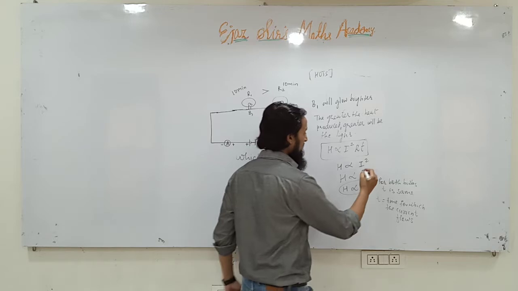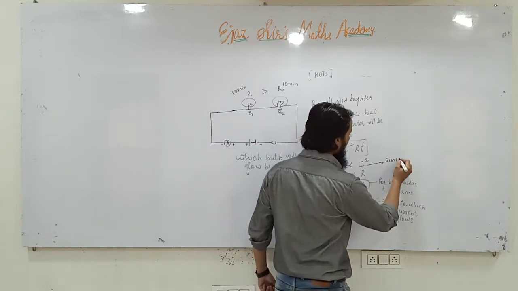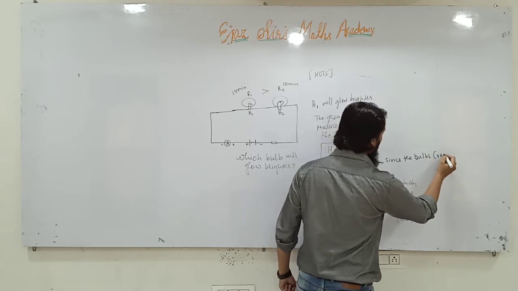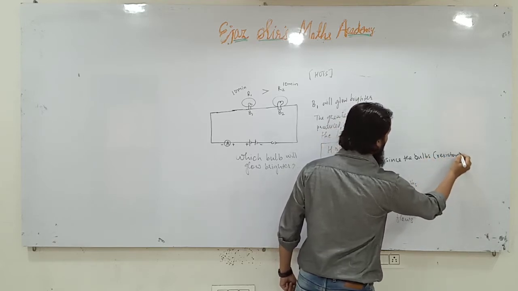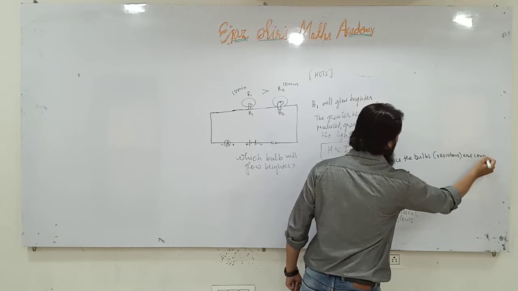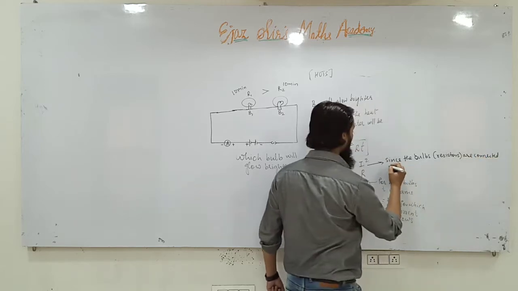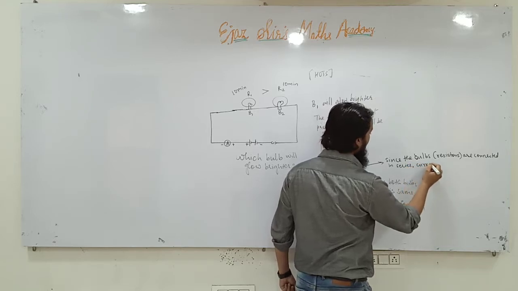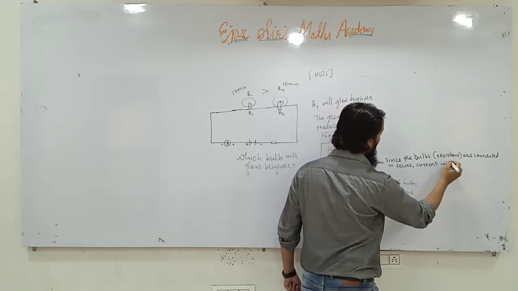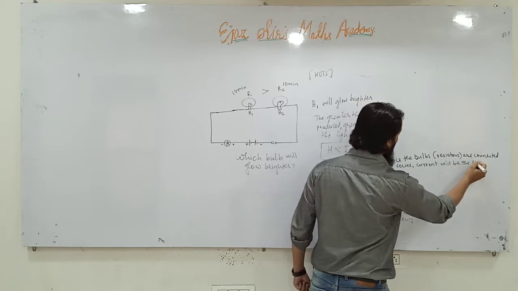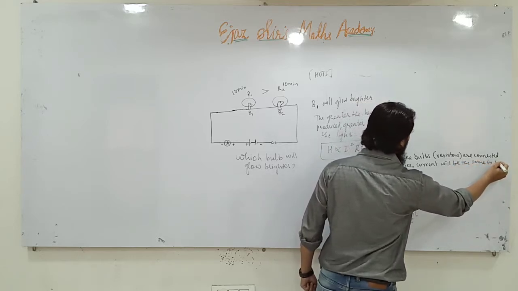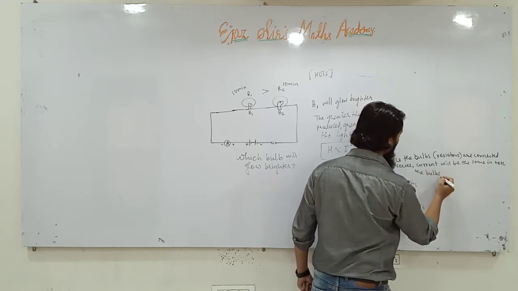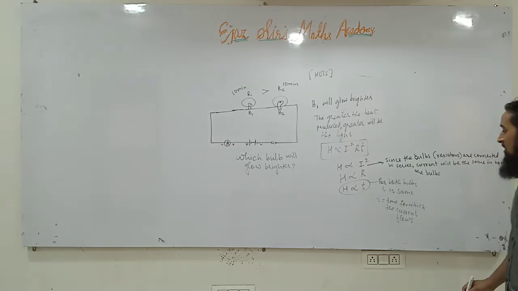And now see, actually bulbs are resistors, connected in series. Since the bulbs are connected in series, current will be the same in both bulbs, because there is no other path for the current to flow.